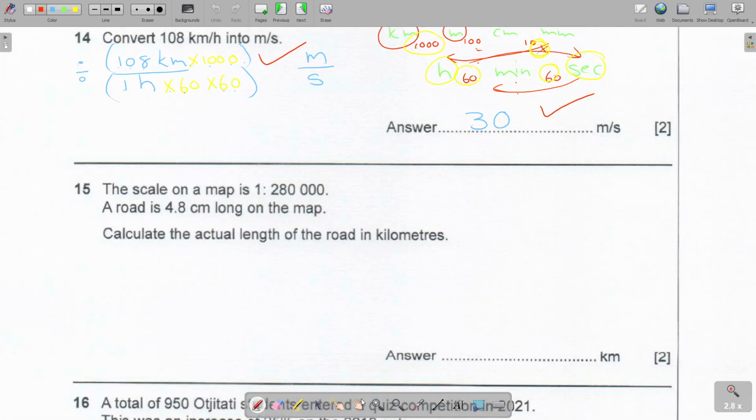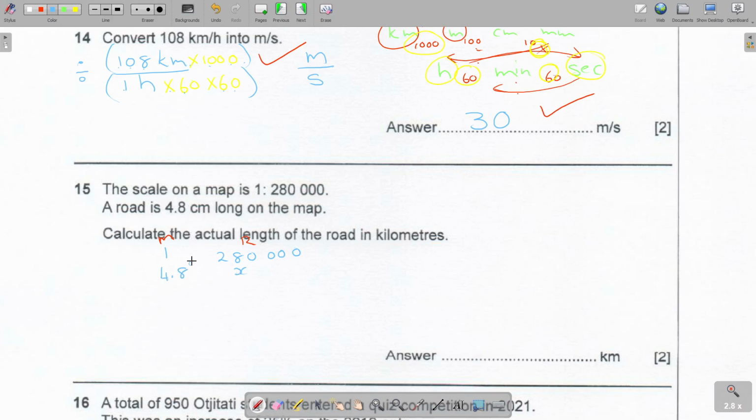Okay, and here it is. So a scale of a map, and I showed you they like to locate it also if it's a practical question. So the scale of the map is 1 to 280,000. Now this is almost like saying this is the map and this is real life. So on the map it's 4.8 centimeters, and in real life it is x.